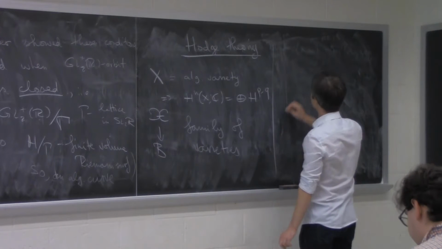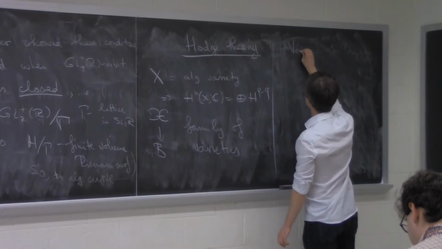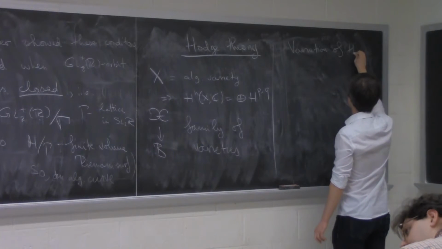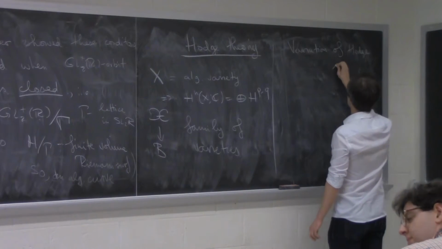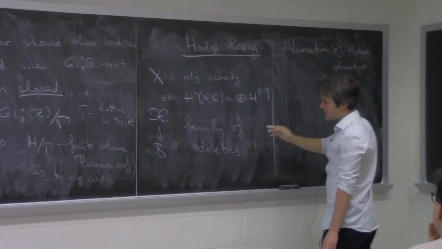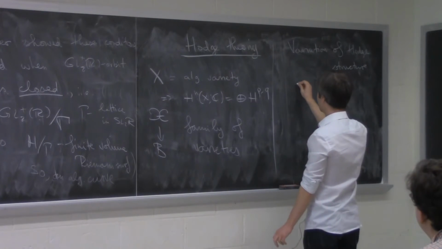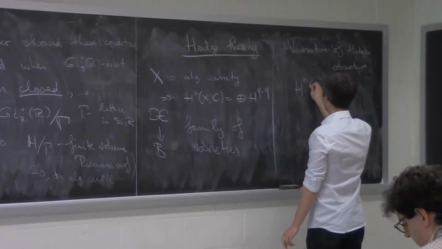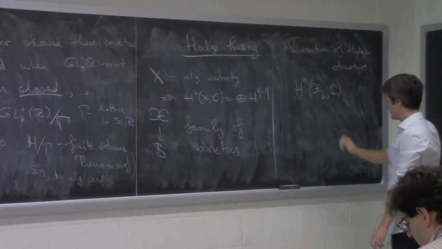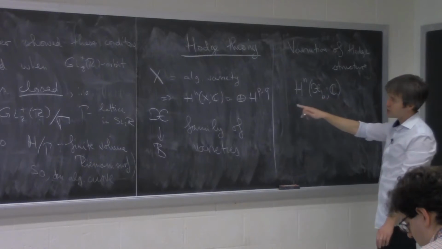What you get is the data of a variation of Hodge structure. There are all sorts of axioms, but what you get really is a vector bundle, which is the cohomology of the fiber.